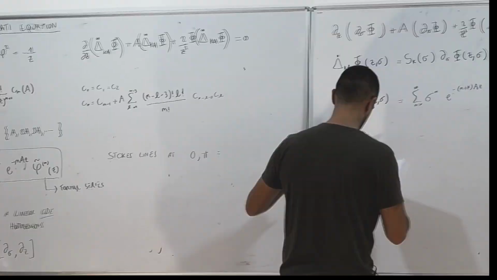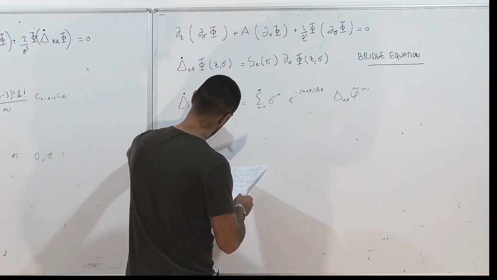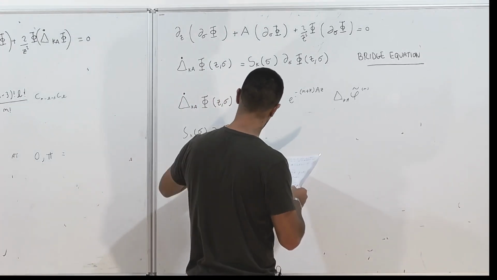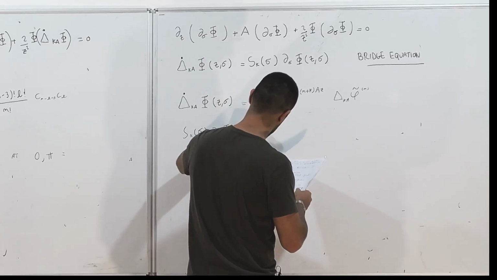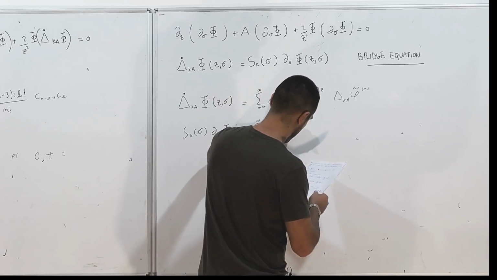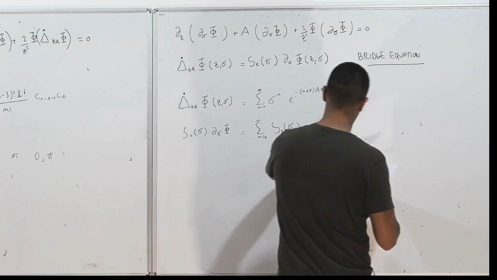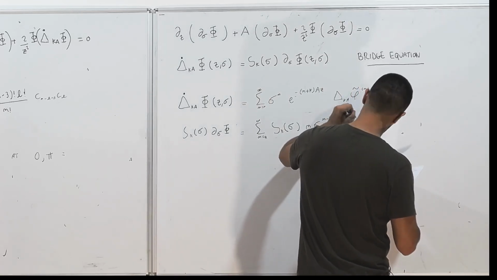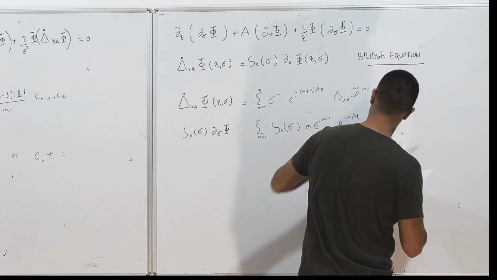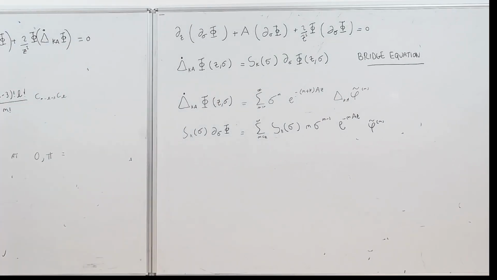So the right-hand side is s_k of sigma times the derivative.